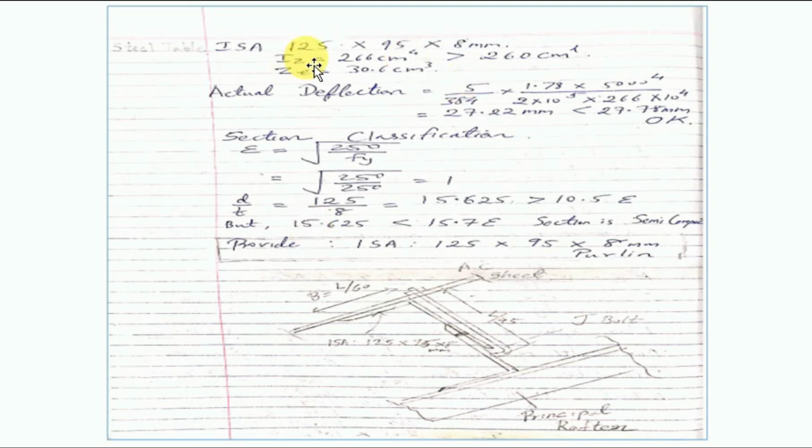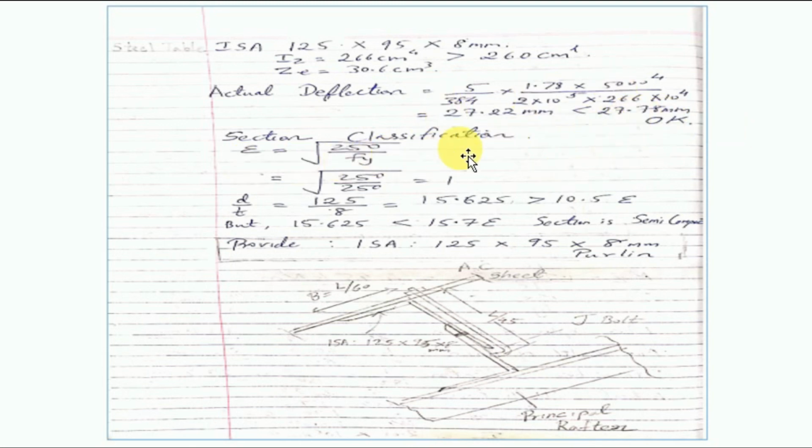So our section is 125 into 95 into 8 mm, which comes up to be 266 centimeter raised to 4. Our section modulus is 30.6 centimeter cube. Now we are calculating the actual deflection, which comes up to 27.22 mm, which is less than 27.78 mm. So this section is okay.